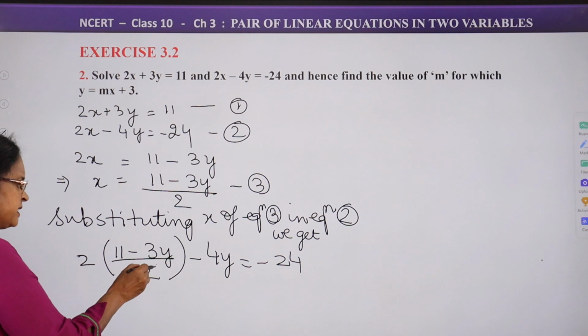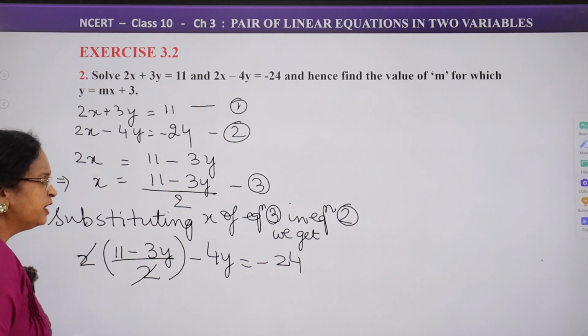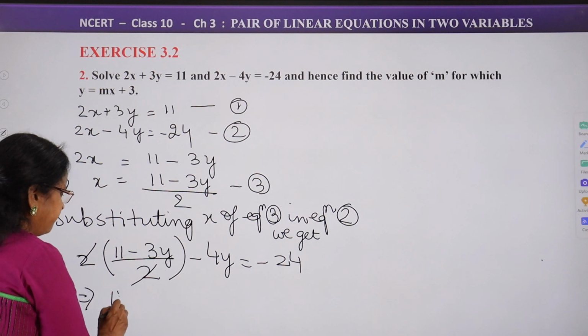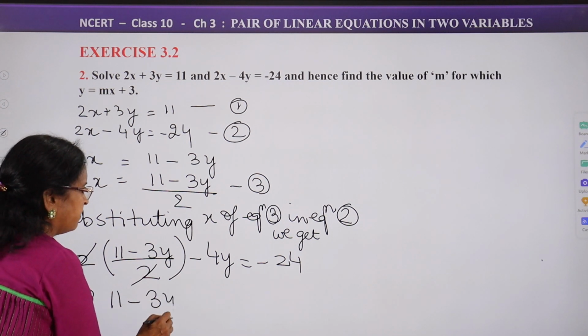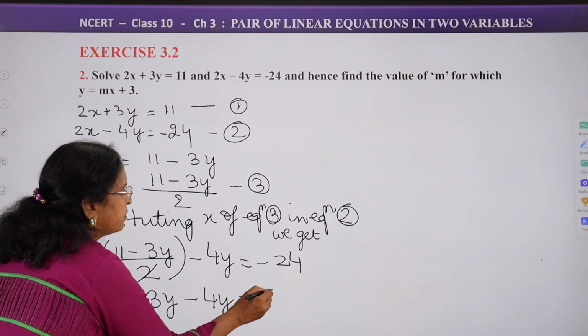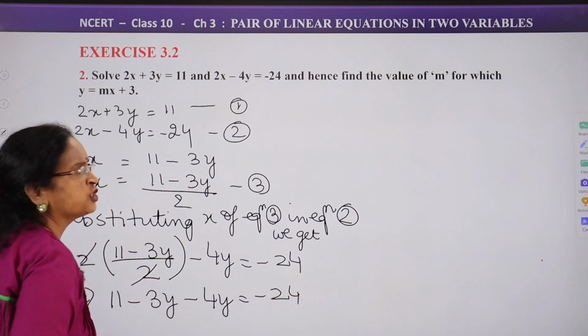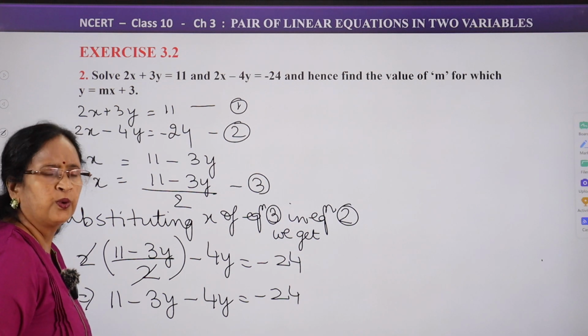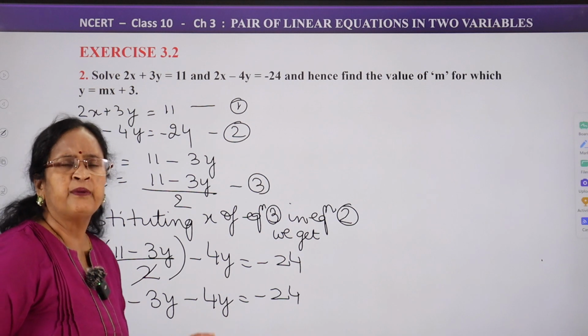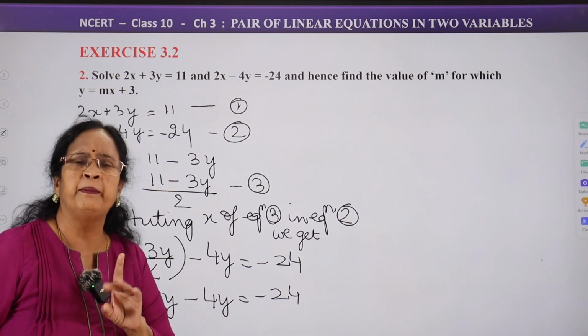Now, as we can see, I can cancel 2 and 2. Then I get 11 minus 3y minus 4y is equal to minus 24. Now, as we can see, it is an equation with single variable y.